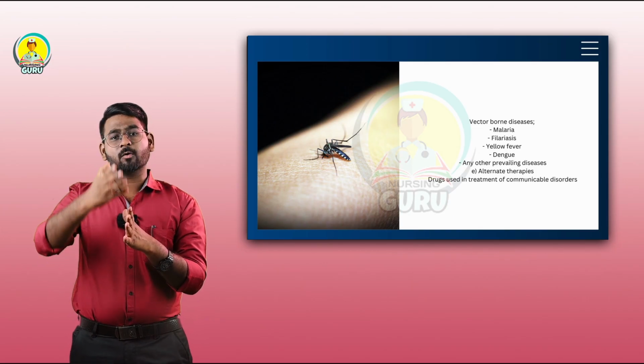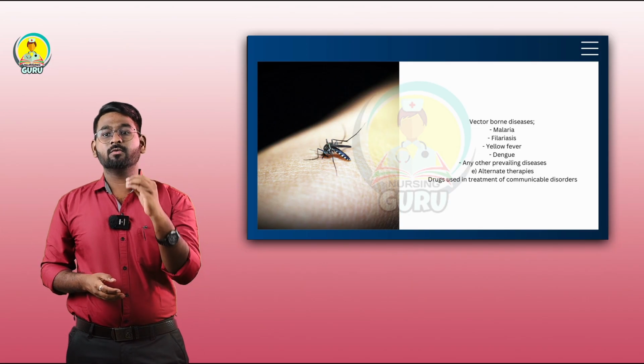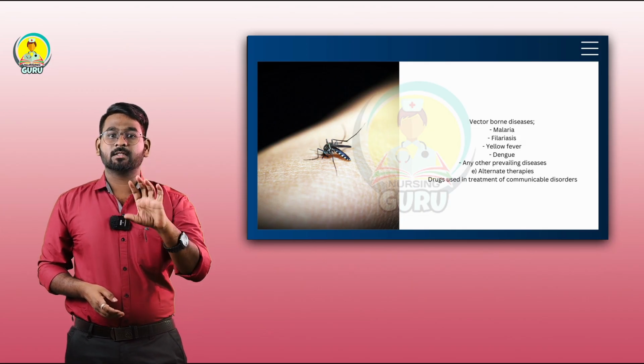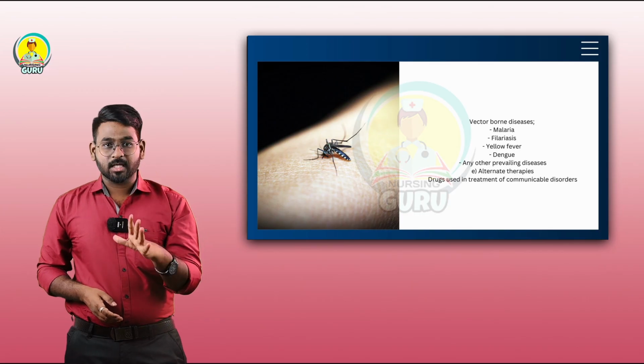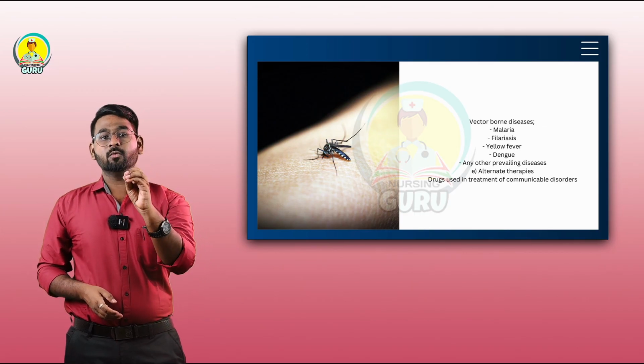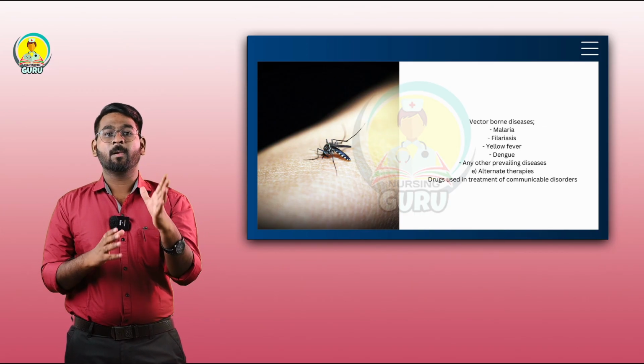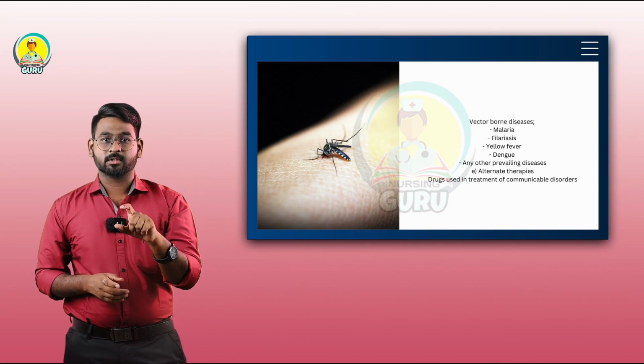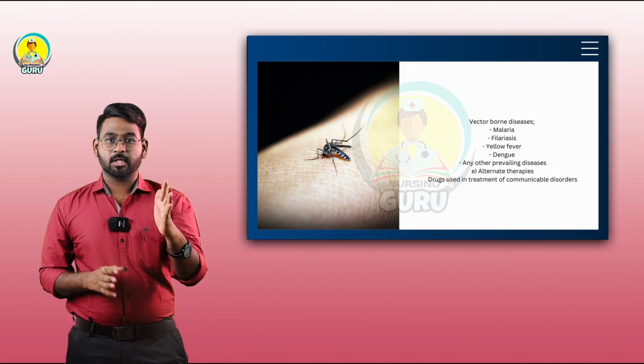If you go through all of it, it will be lengthy, so you just need to know the particular disease, the cause, the signs and symptoms, and the mode of transmission. Why? Because from this unit we can mainly expect fill in the blanks and true or false. So this is about communicable diseases.